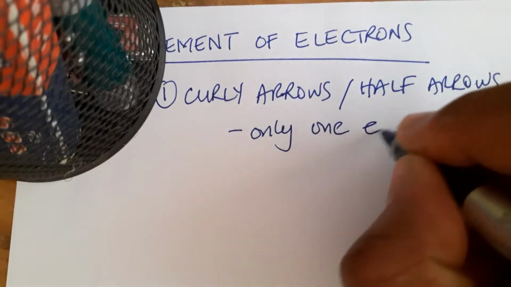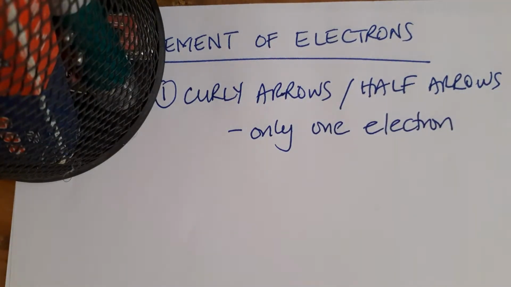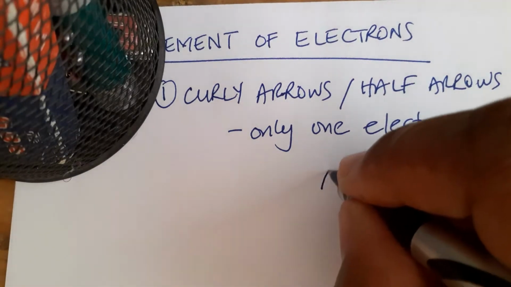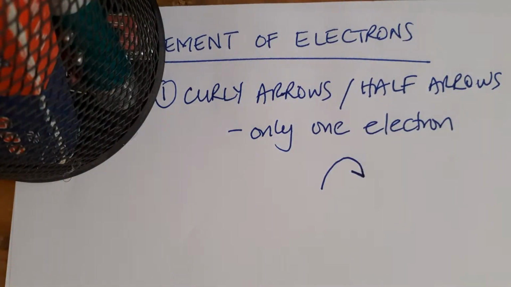Please remember that only one electron is being moved when you use a half arrow or a curly arrow. And we usually indicate it like this, just a simple arrow with only one of the top parts showing.